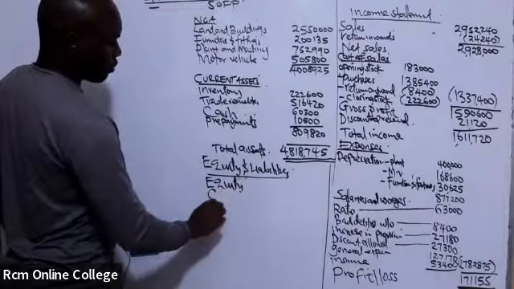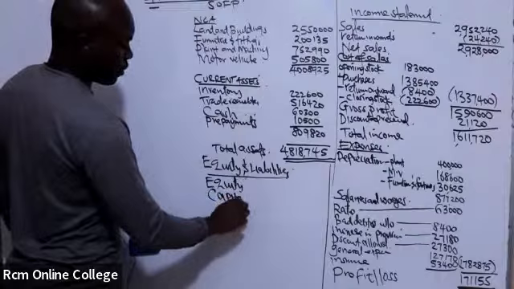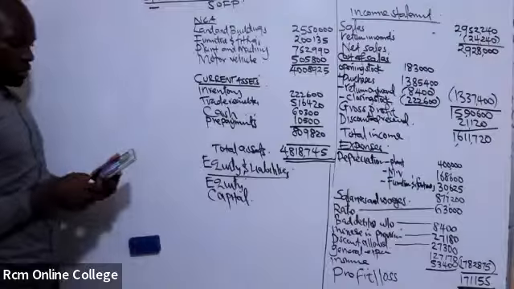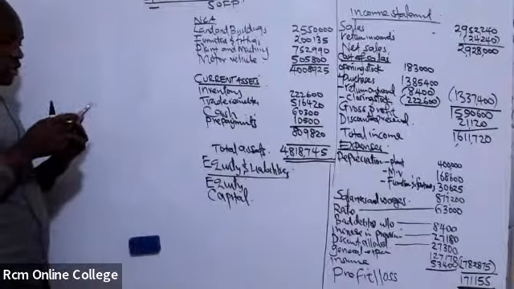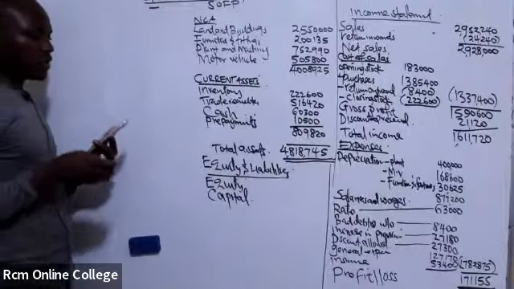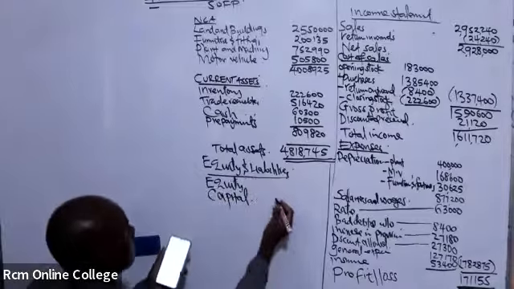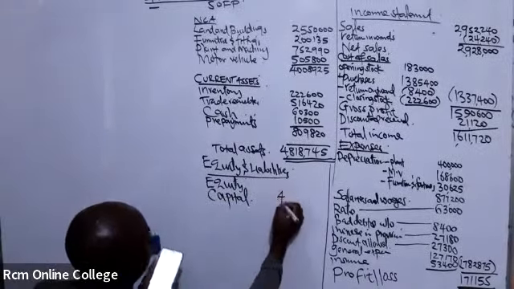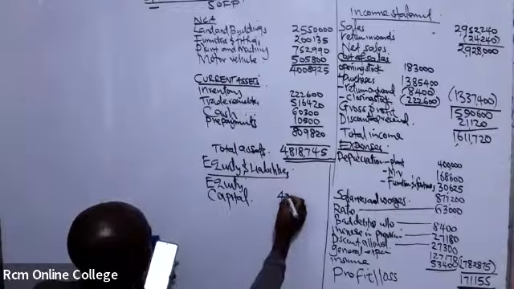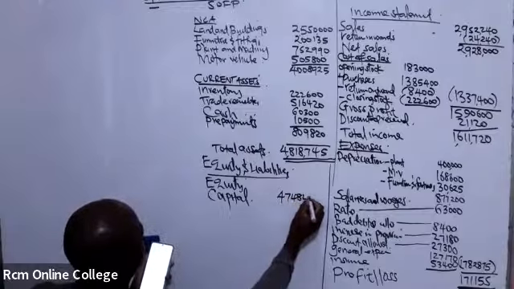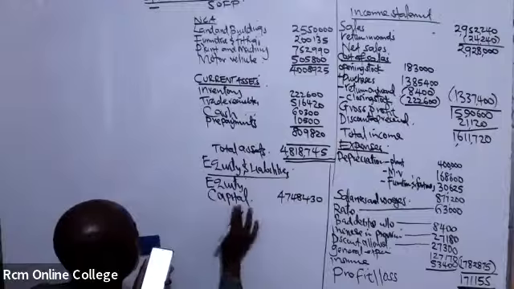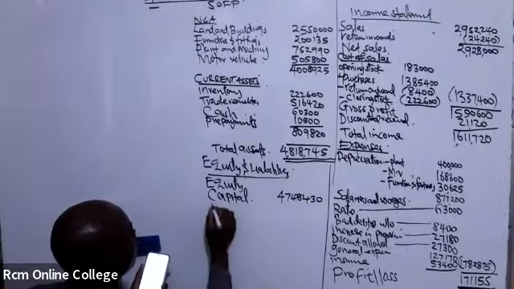Our capital in the question, I can see 4,748,430. To capital, we need to talk about the drawings now.